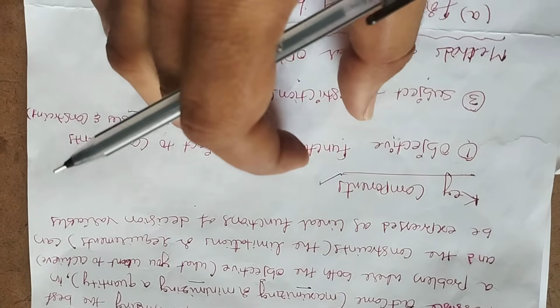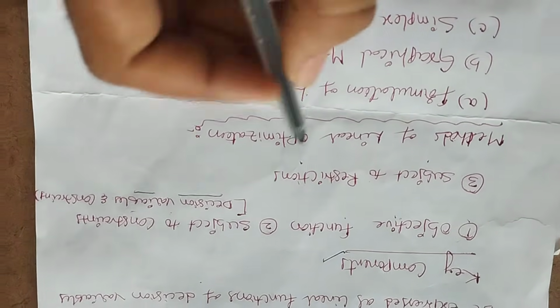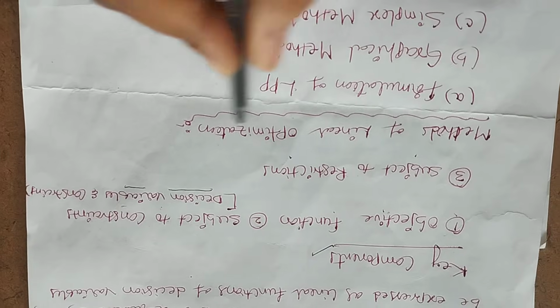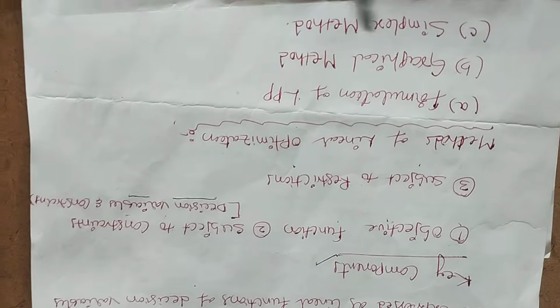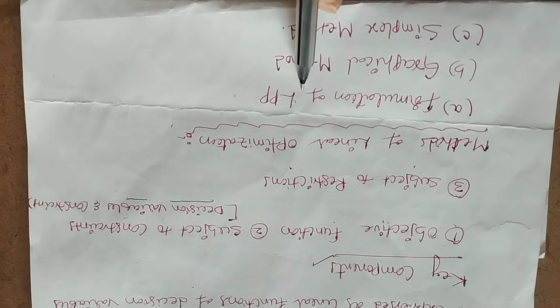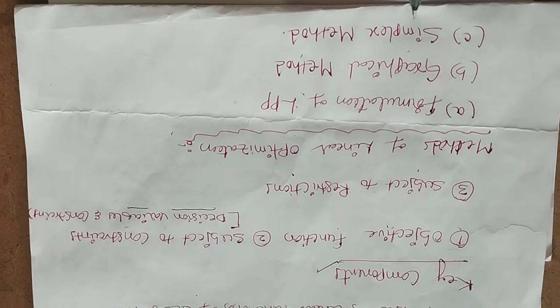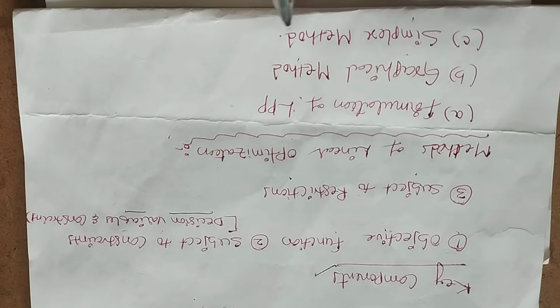By using these components, there are three important methods to solve linear programming, also called methods of linear optimization. The first is formulation of LPP, the second is the graphical method, and the third, very important one, which we are going to discuss, is the simplex method.